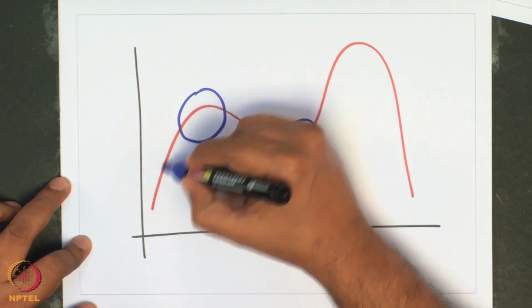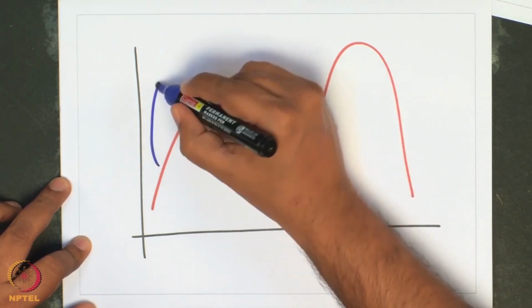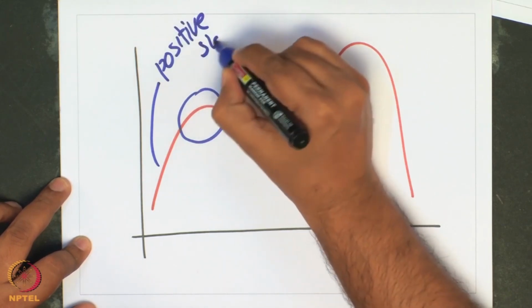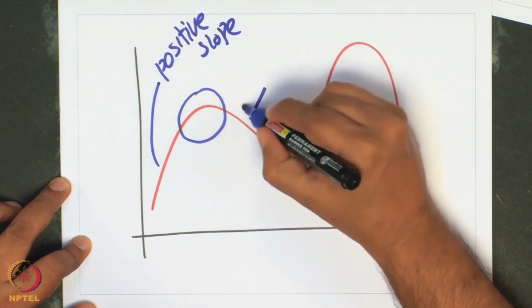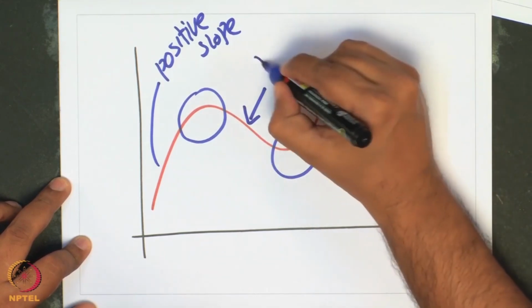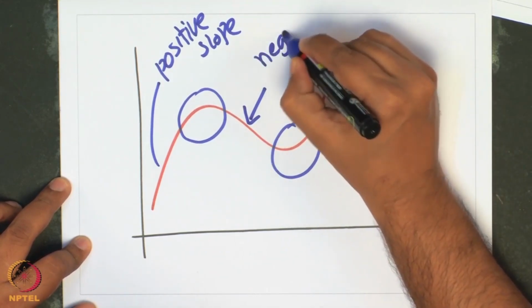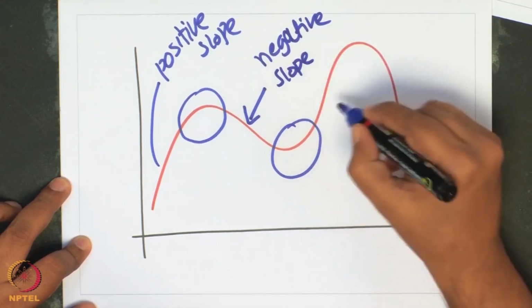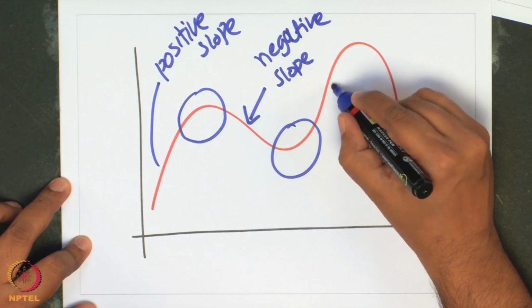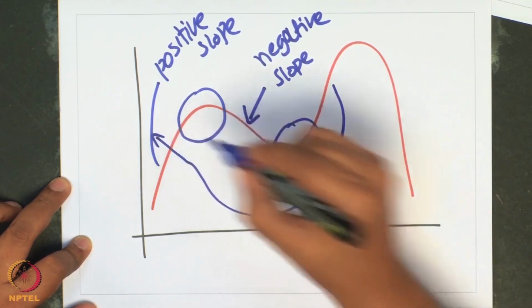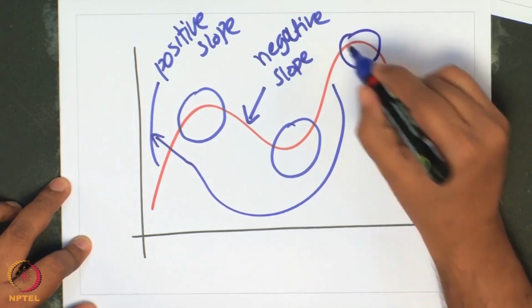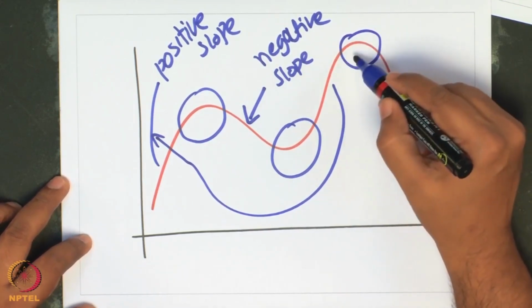So here there is a positive slope. Positive slope regions. There will be some negative slope regions. So this is a negative slope region. This is a positive slope region. This is like a positive slope region. This is a negative slope region, and this is a maximum.